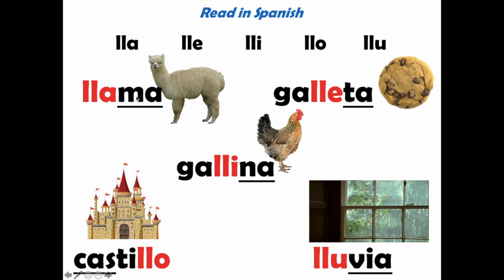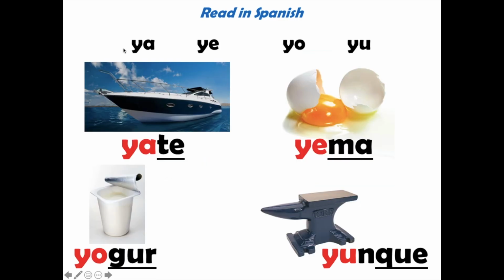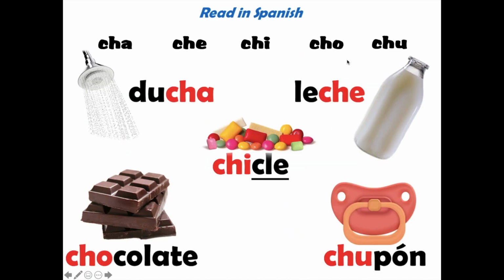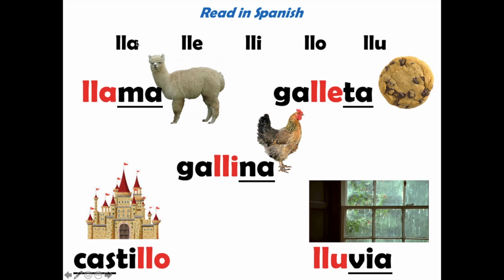Now double L will sound like letter Y in Spanish. Okay, that actually makes your J sound in English. Ya, ye, yo, yu, or ja, je, jo, ju. And this is going to be the same sound. Okay, ja, je, ji, jo, ju.